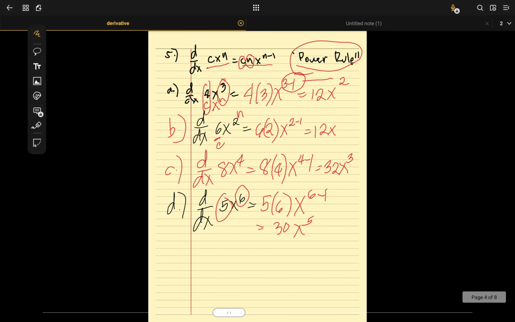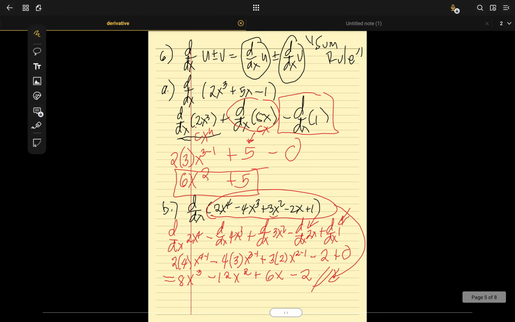So, power rule pa din. So, derivative of c times x raised to n is equal to c times n x raised to n minus 1. Then, yung iniwanan natin kahapon, the derivative of u plus minus v is the derivative of u plus minus the derivative of v with respect to x.